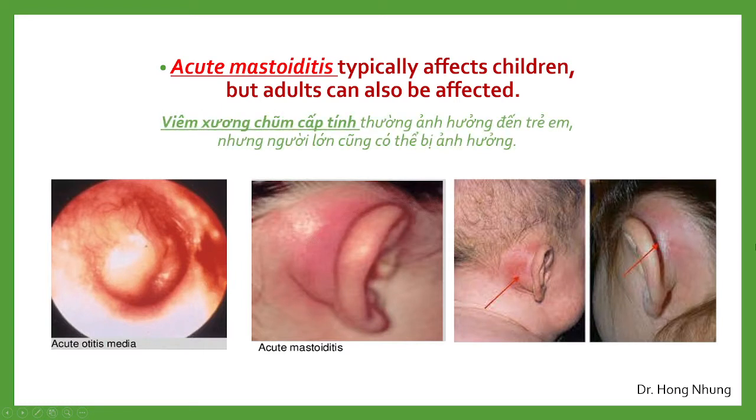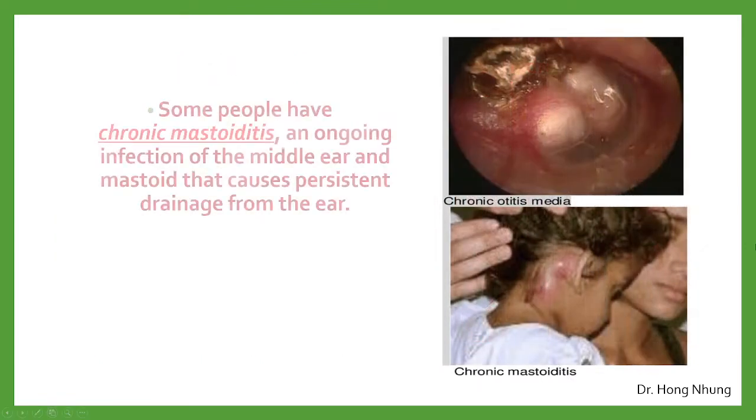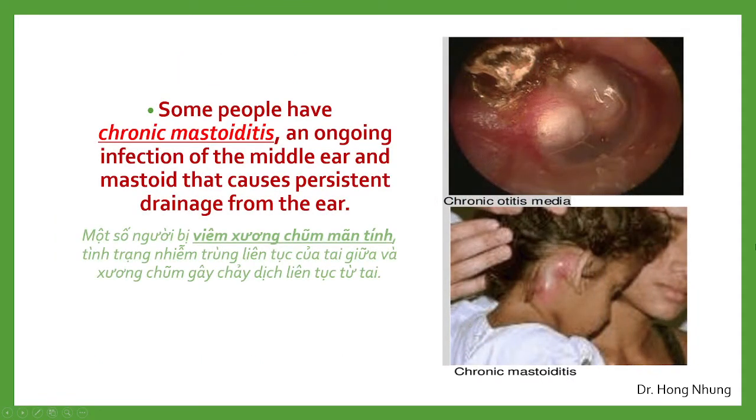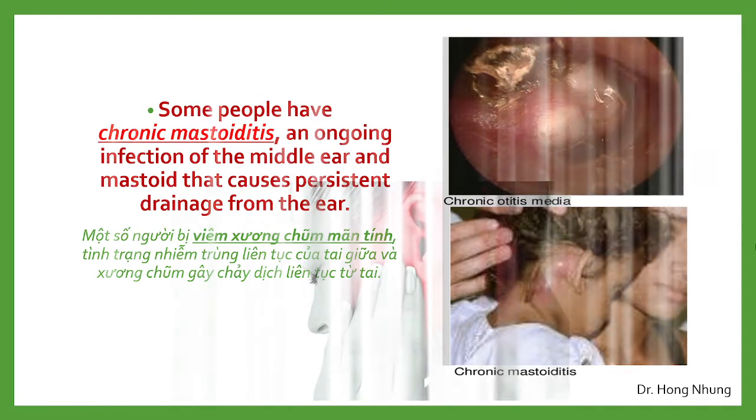Acute mastoiditis typically affects children, but adults can also be affected. Some people have chronic mastoiditis, an ongoing infection of the middle ear and mastoid that causes persistent discharge from the ear.